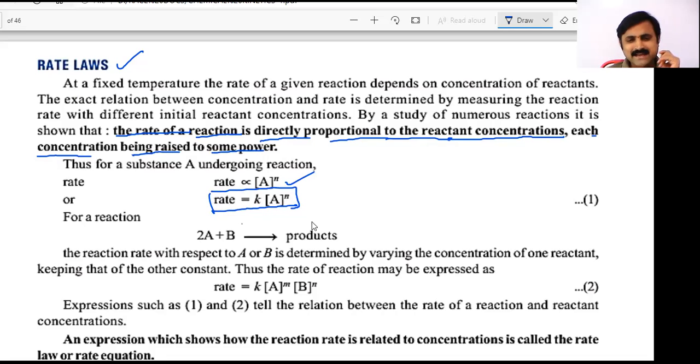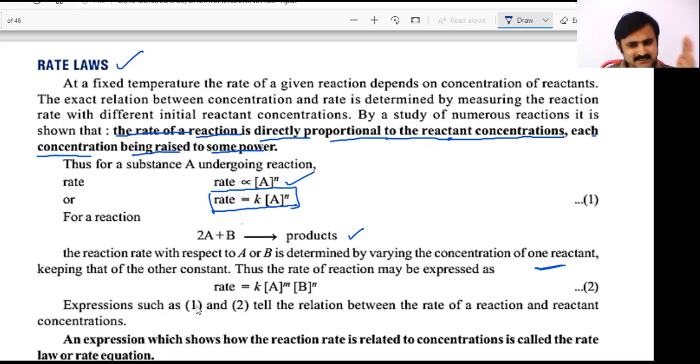Now take the reaction 2A plus B giving rise to products. In this reaction, the rate with respect to A and B is determined by varying the concentration of one reactant.